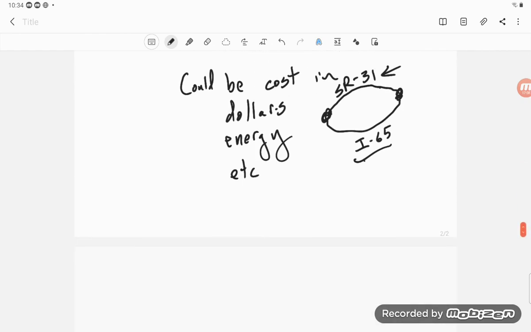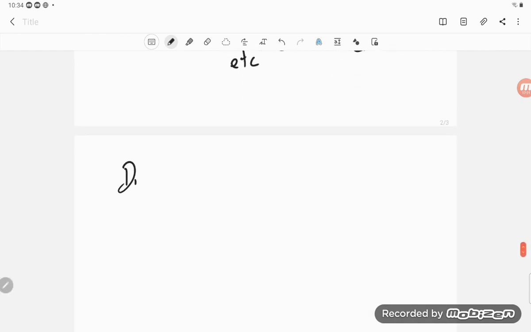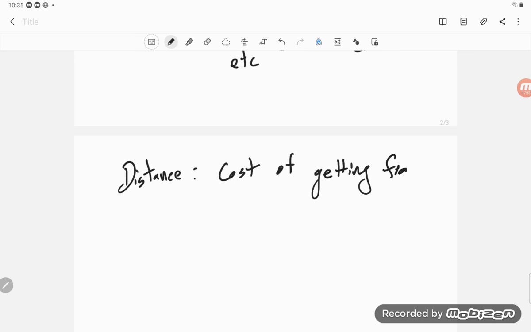Okay, so we're going to look at distance not in terms of feet or yards or miles or something like that, but our distance we really think of as a cost of getting from one point to another.